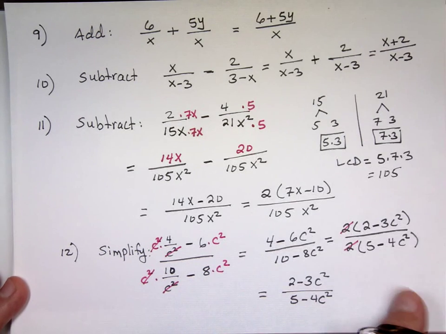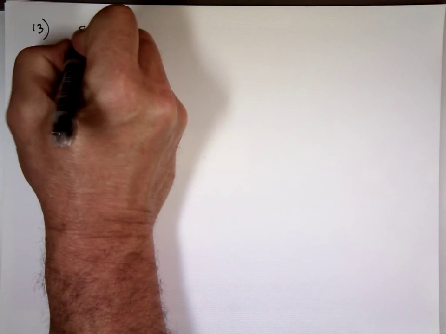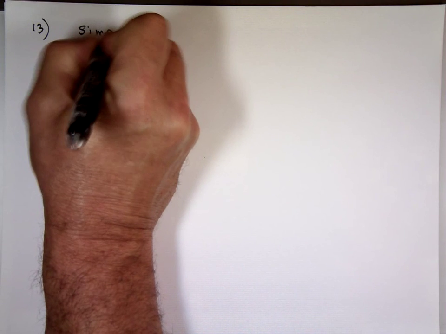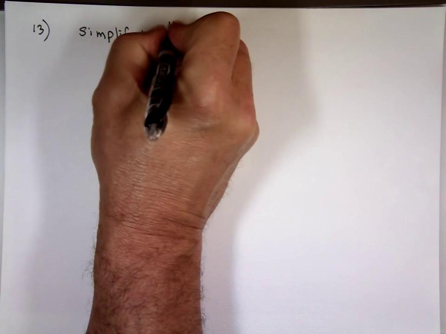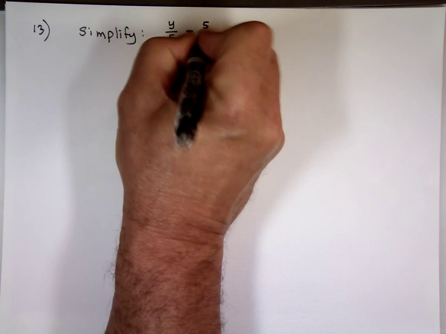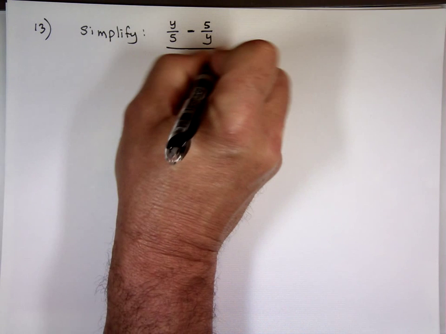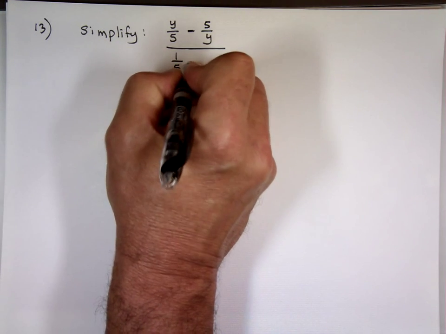Let's try another one like this. Simplify. Y over 5 minus 5 over y, the whole thing divided by 1 over 5 plus 1 over y.